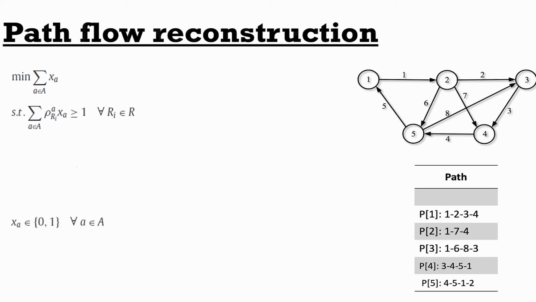It gets 1 if link a is selected, and 0 otherwise. So this constraint technically enforces that from each path, one link should be selected. And having this constraint, we want to minimize the number of links that should be selected. And here also, this last line shows that xa is a binary variable that could get either value 0 or 1.